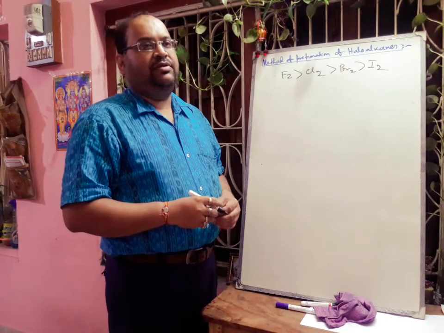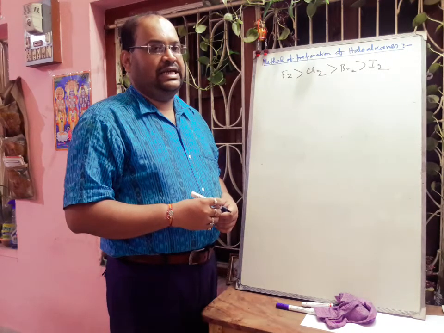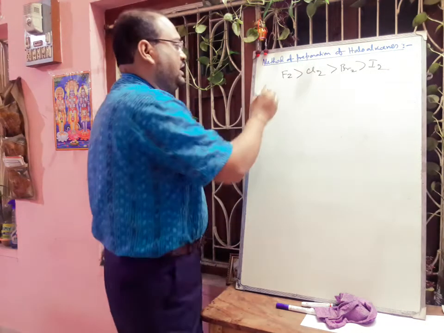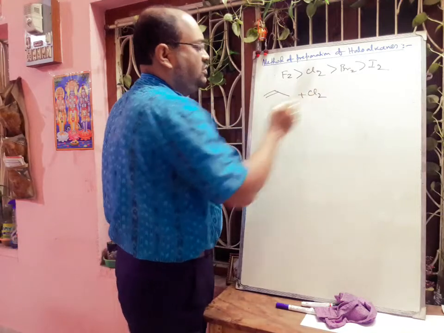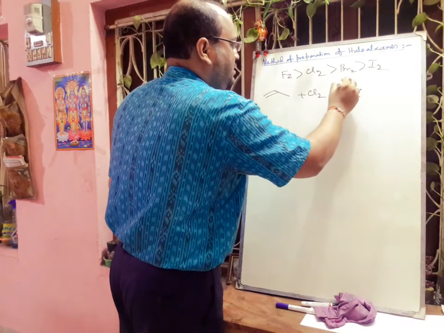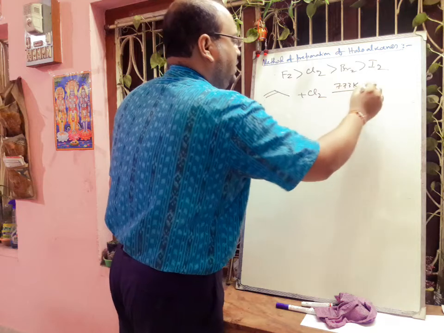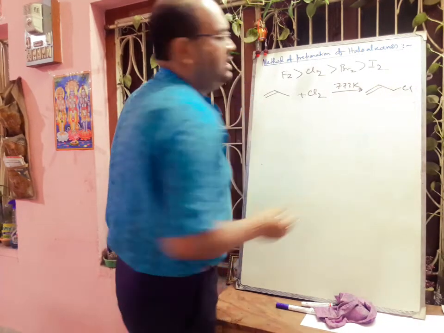Next, if we think about the chlorination of an allylic or benzylic system, there also we can do the same process. Here we have to add Cl2 at a temperature of about 773 Kelvin, then we will get the allyl substituted chlorine product.